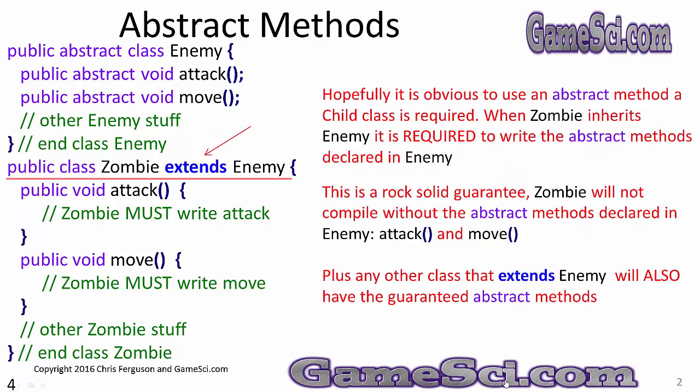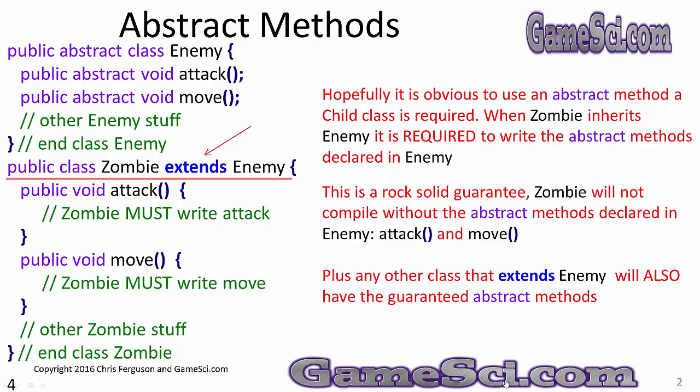Let's create a public class zombie that extends enemy. Hopefully it is obvious. To use an abstract method, a child class is required. When zombie inherits enemy, it is required to write the abstract methods declared in enemy. This is a rock solid guarantee. Zombie will not compile without the abstract methods declared in enemy, attack and move.